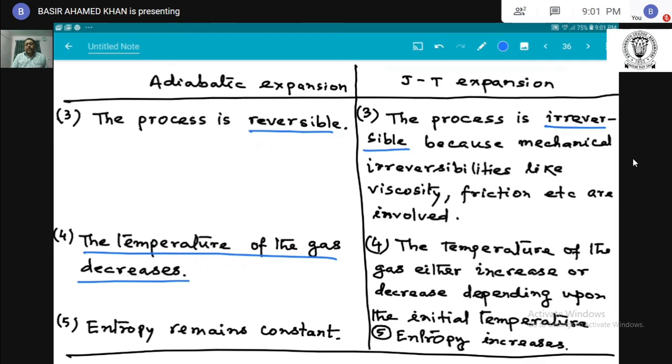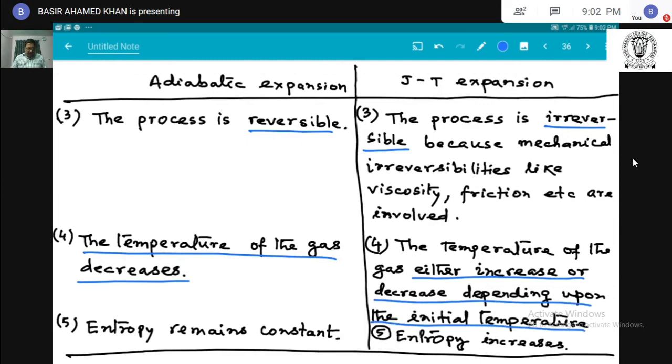Therefore, in JT expansion, the temperature of the gas either increases or decreases depending upon the initial temperature.